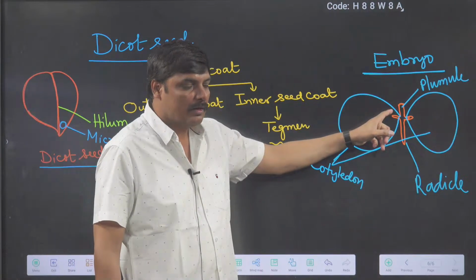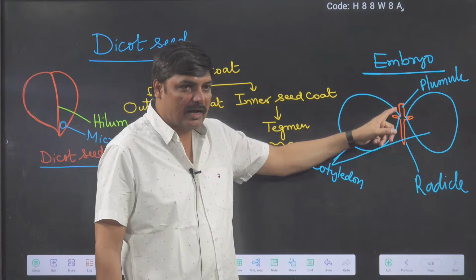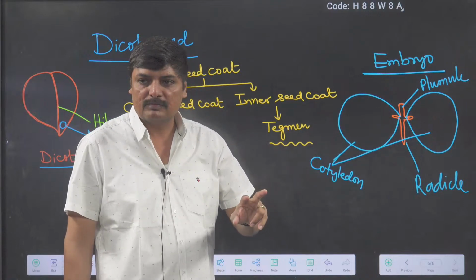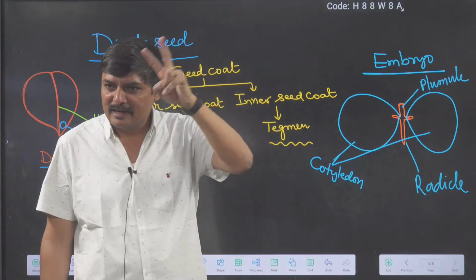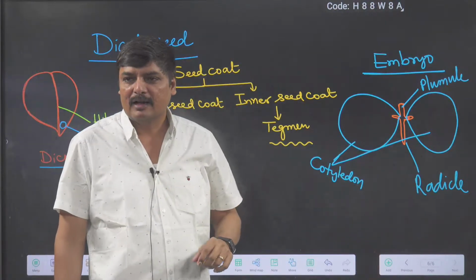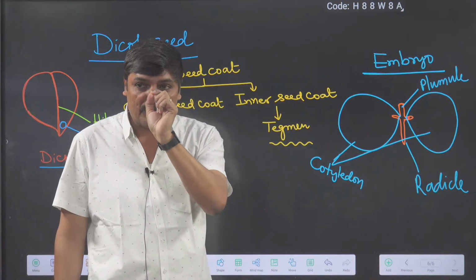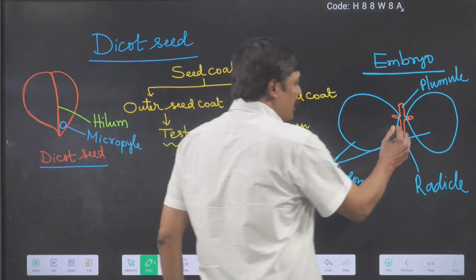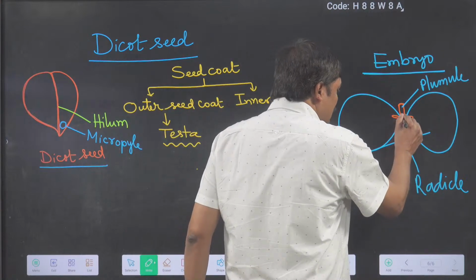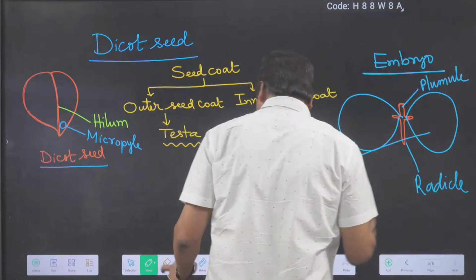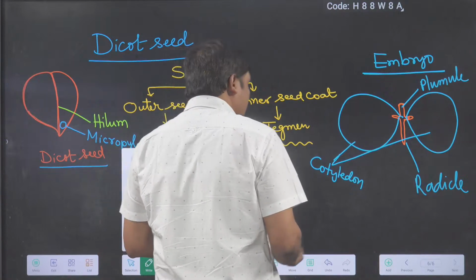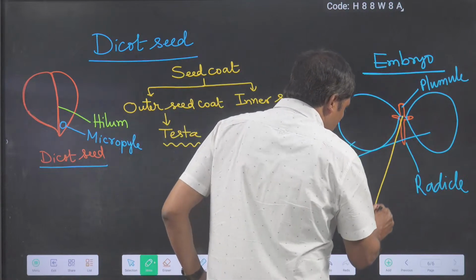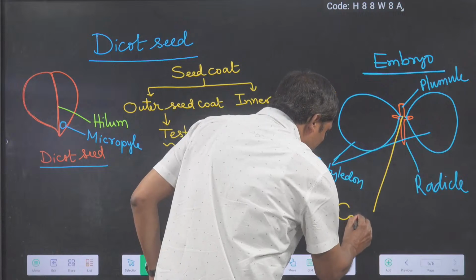This embryonal axis has one end called plumule, the other end called radicle. And at one point, the cotyledons are attached. That point where cotyledons are attached is called the cotyledonary node.